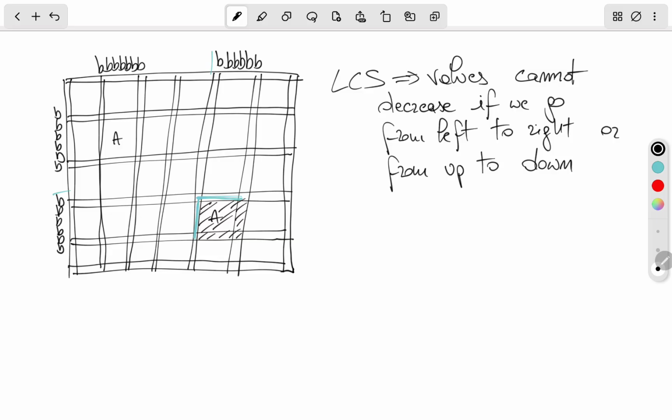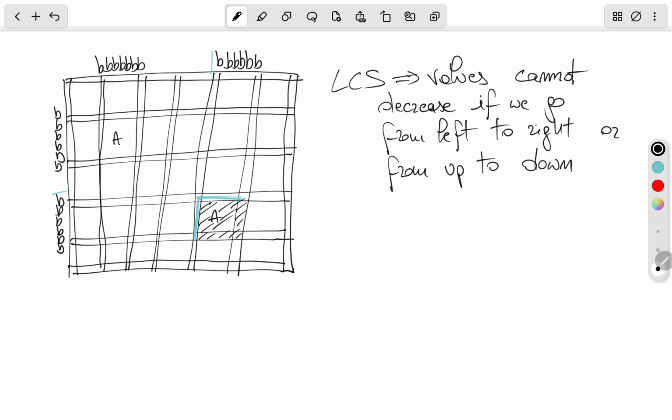Okay? That's trivial. I mean, that's a property of the LCS. So they might stay the same or they increase. They cannot decrease.